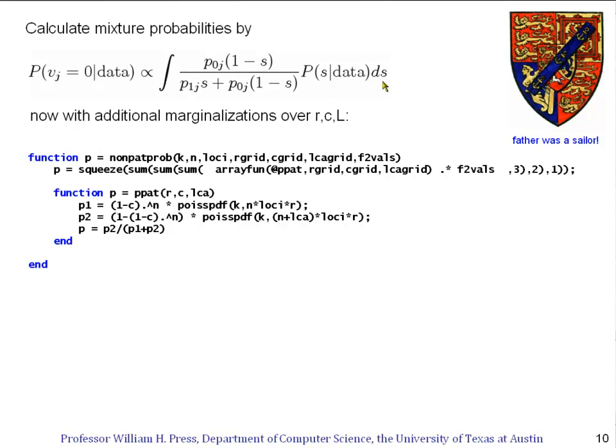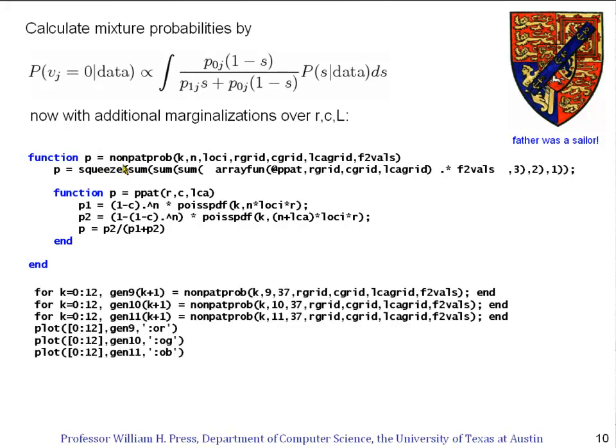But now we have not just a single marginalization over ds, we have these three marginalizations over R, C, and L. Nevertheless, the probability that goes here is that probability over the grid that we computed here. And then the analog of this integral ds is now three sums, summing over 3, 2, and 1, all three dimensions, and then to get that down to being a scalar you have to do a squeeze function on that.